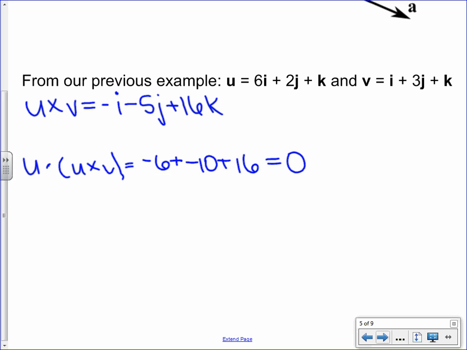Hey, look at that. I would like you to find me the dot product of V and U cross V.